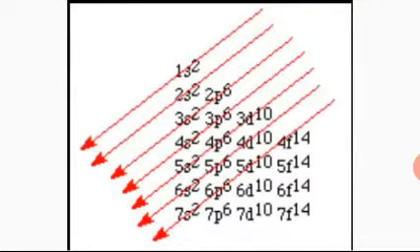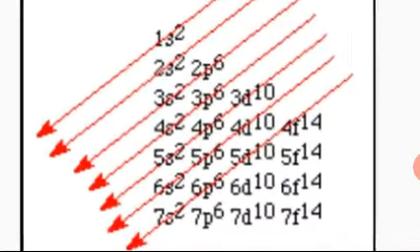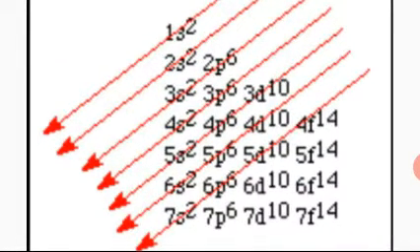How can we write electronic configuration? Electronic configuration is the arrangement of electrons in different subshells, s, p, d, f. How can we write it? 1, 2, 3, 4, 5, 6, 7. These numbers are the periods.